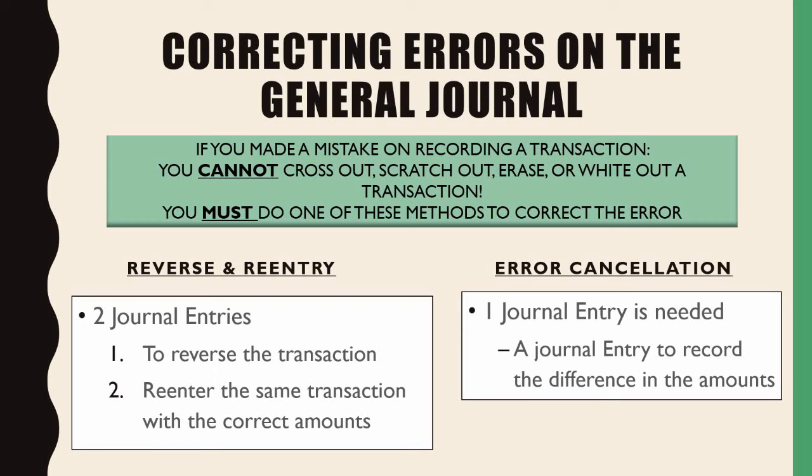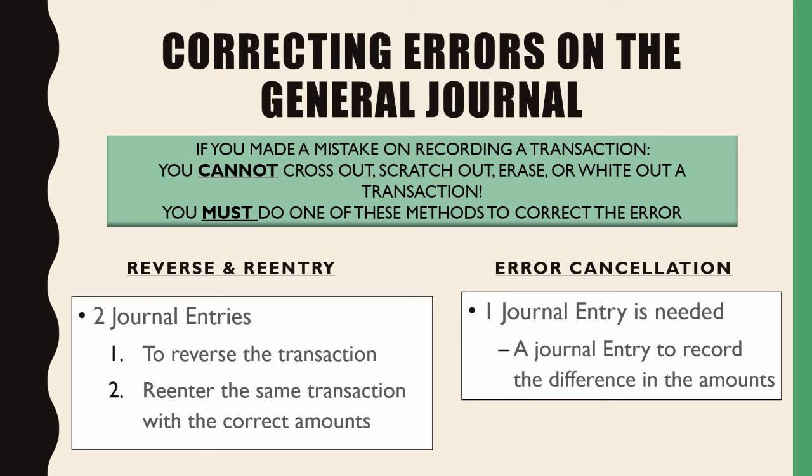So if it's a difference in the amounts, you find the difference between them, and you have to figure out which account is over, which account is under, and correct it by adding the difference into those accounts. So out of the two that you see here, I'm going to recommend this to you.